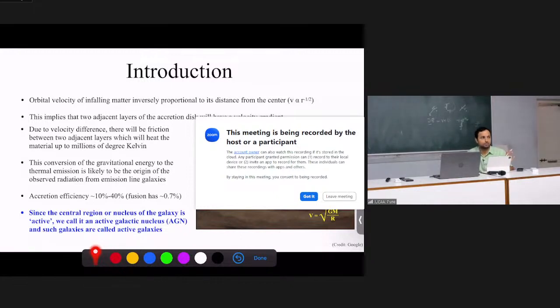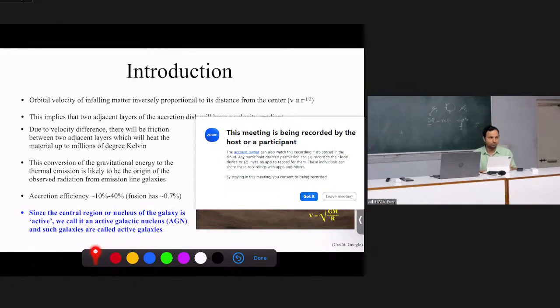I have not yet told you how those emission lines are coming. You will see. But you understood by now what an active galaxy is, and what the physical mechanism is that leads to the very bright radiation that we see from such objects.